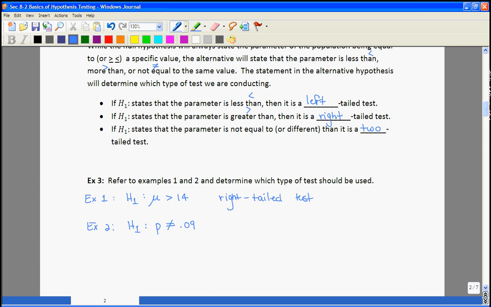We just don't think it's 9%. So this would be a two-tailed test. And if I had something that was greater than, then that'd be a right-tailed test. So the alternative hypothesis, we want to make sure we get that right, because that's going to tell us what type of test we will be conducting.